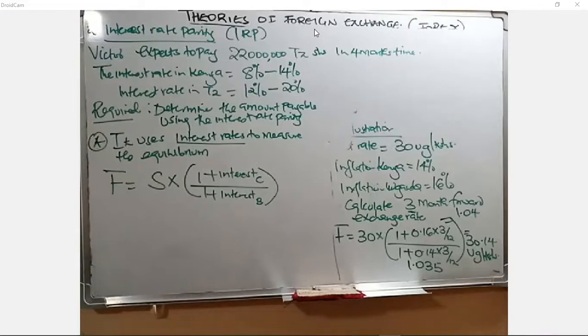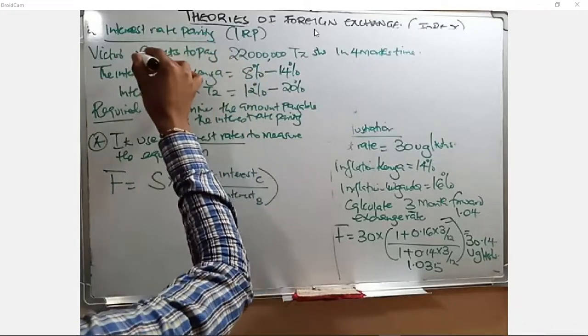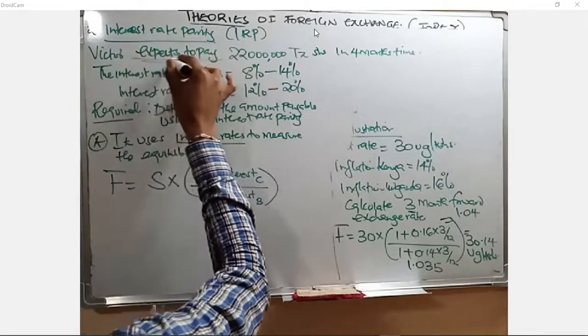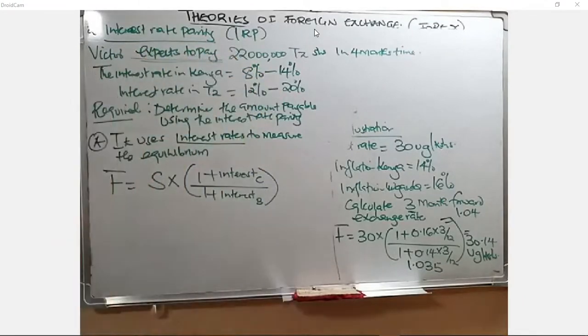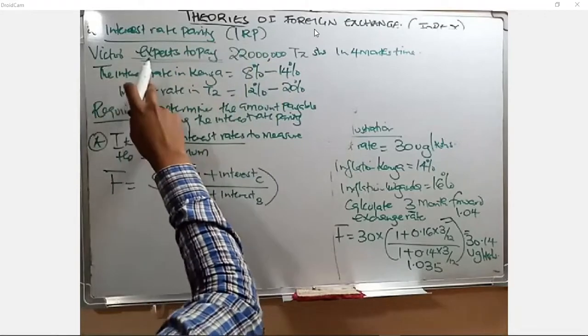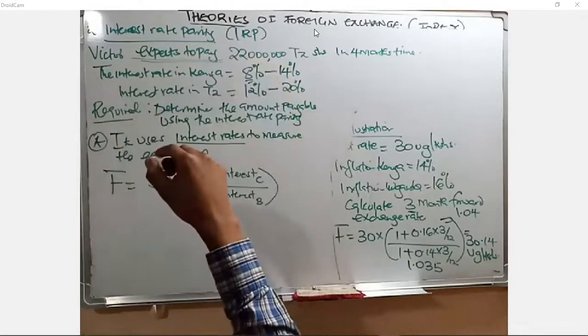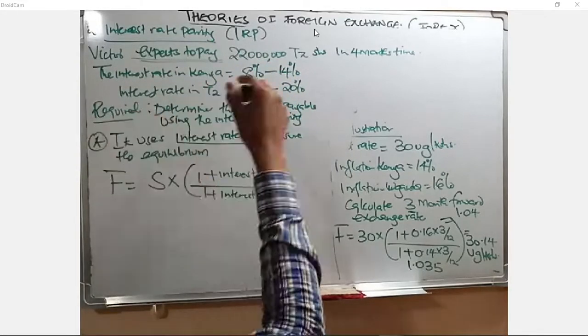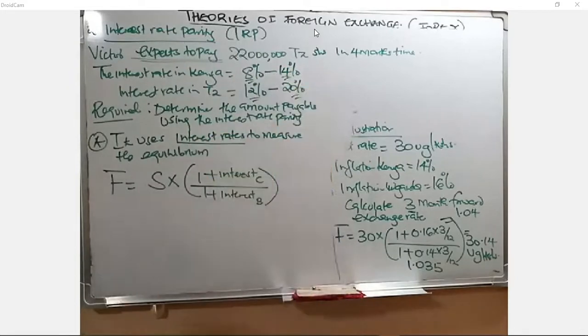Now, we can use the interest, because this one we are discussing payments. He expects to pay. So these are payments. This is not an investment. And in this case, we look at the rates given. We are given the interest rate in Kenya, which is 8%, and this is 12%. This is 14%, this is 20%.